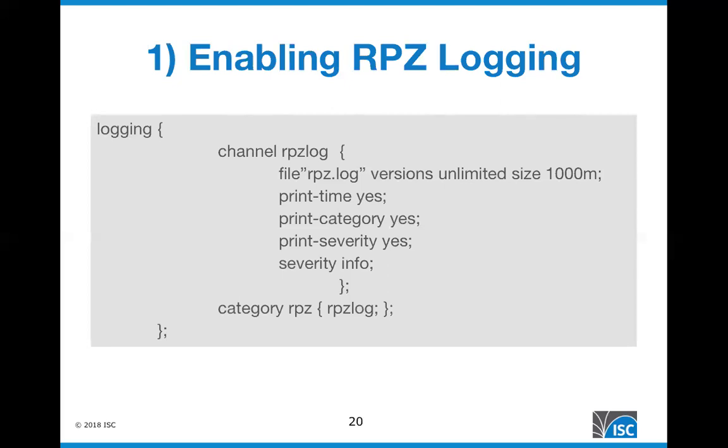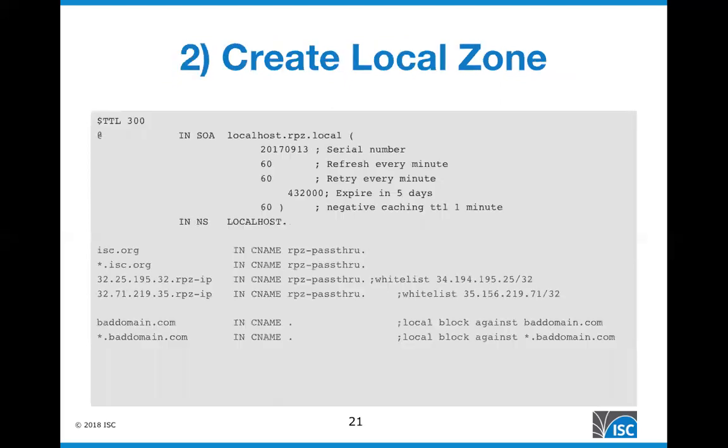Then everything else in here, the print time, print category, print severity, and severity info, gives you the information that you need to be able to troubleshoot, identify things, and gather statistics. It doesn't matter what order you put those in. The order that it's listed in here is how it's going to print out in the log for you.